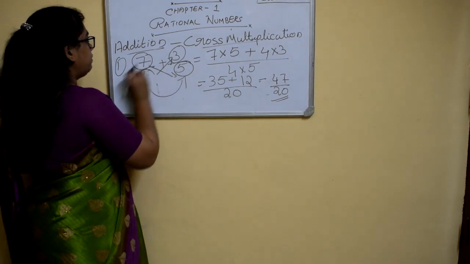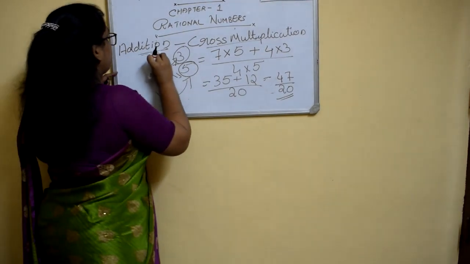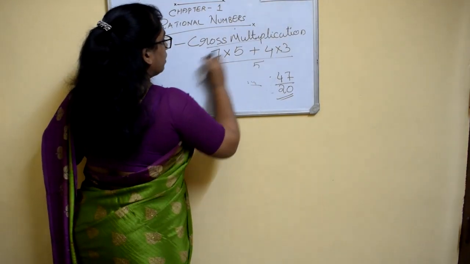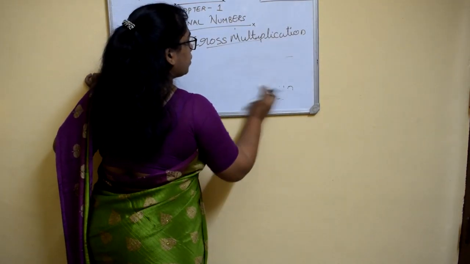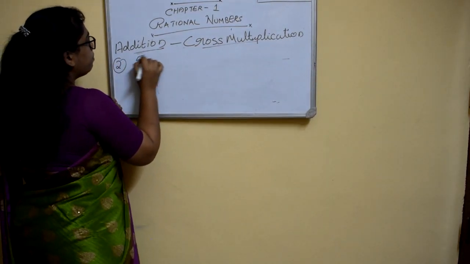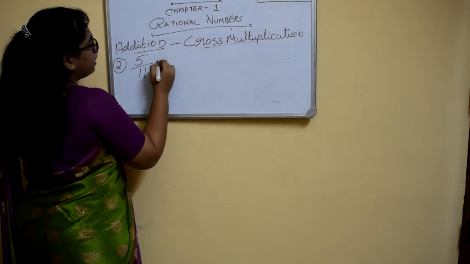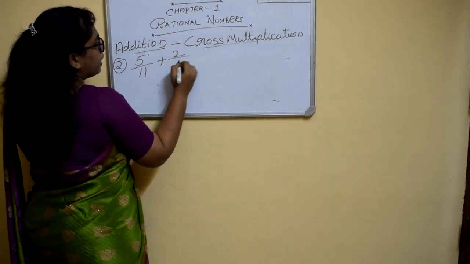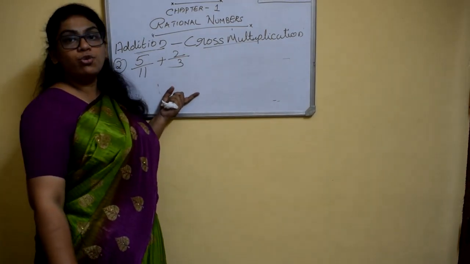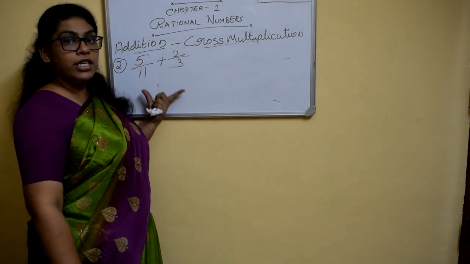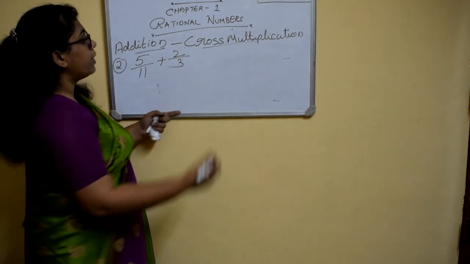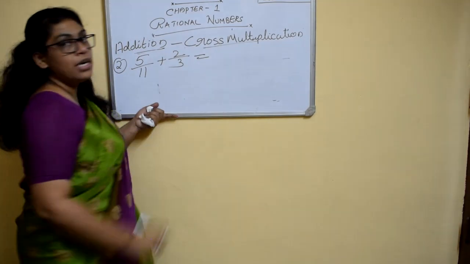One more question we will discuss. 5 by 11 plus 2 by 3. First we should check the denominators. Both denominators are different. In this case, what will we do? Cross multiplication process.